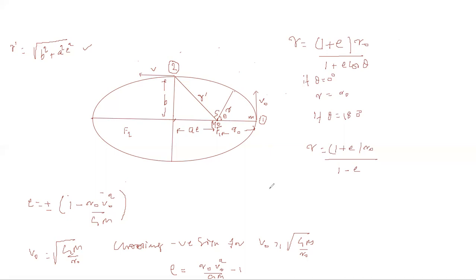If we add it up, we have (1 plus E) R naught upon 1 minus E plus R naught, that's equal to 2A.